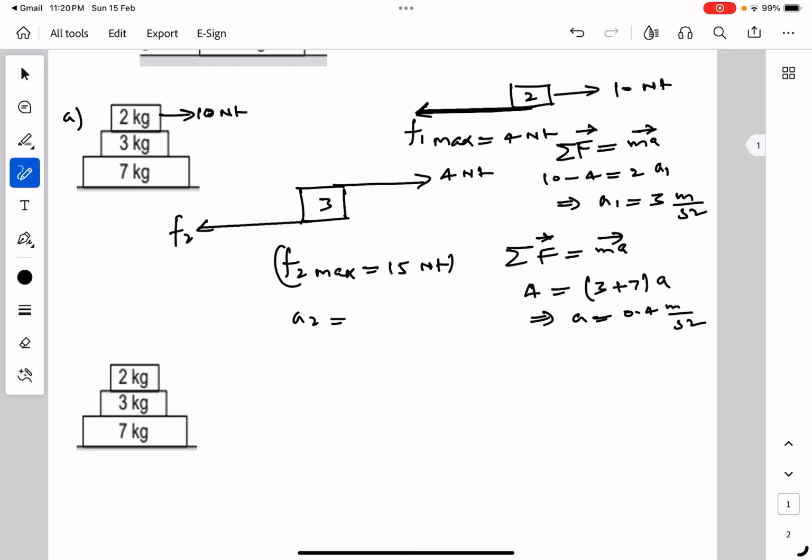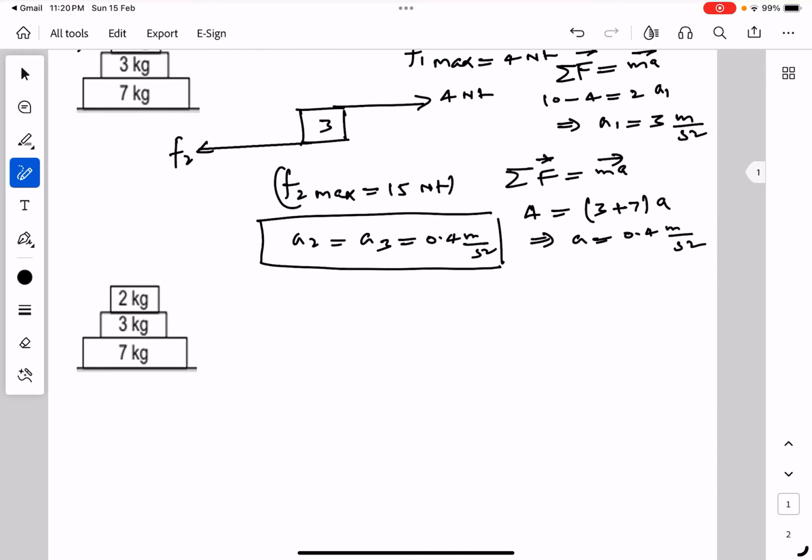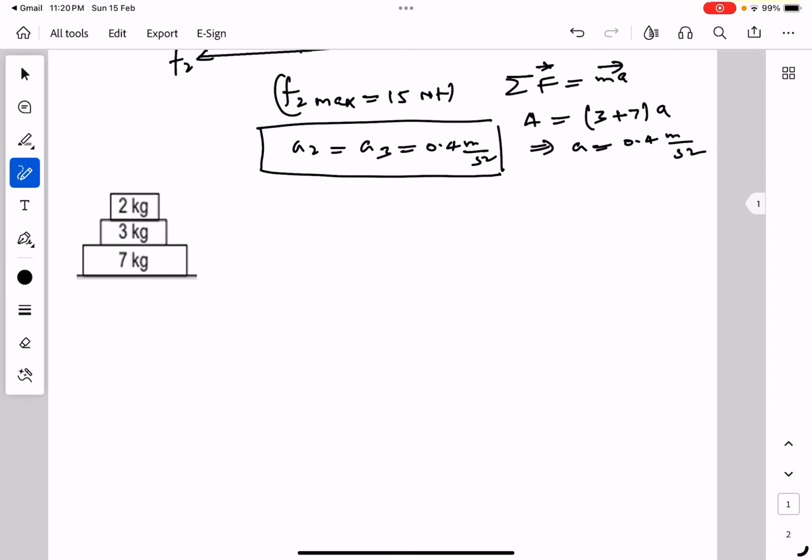So A2 is equal to A3 and this is 0.4 meter per second square. Now let us take second case. In this case, 10 Newton force is applied on 3 kg block in the horizontal direction.